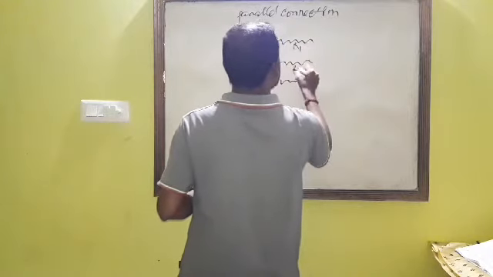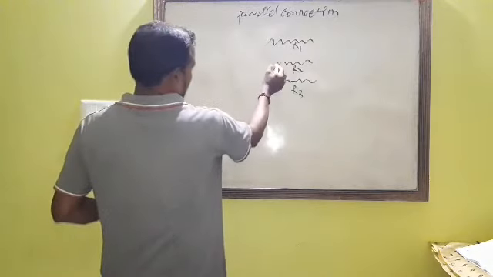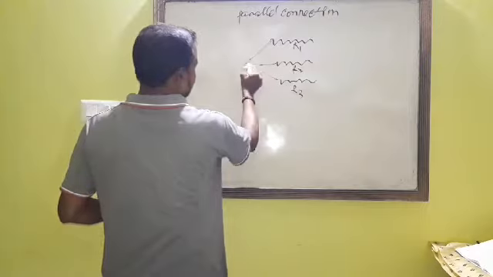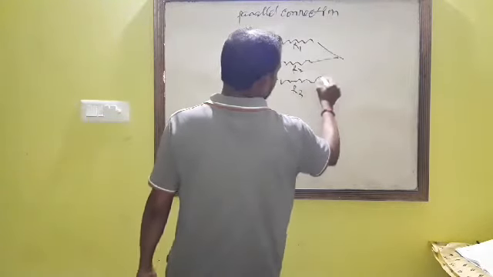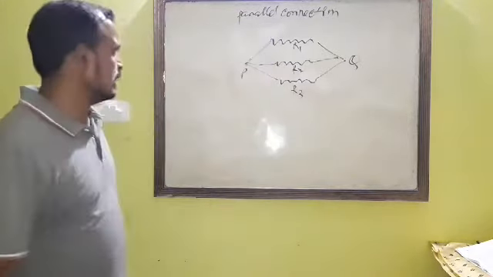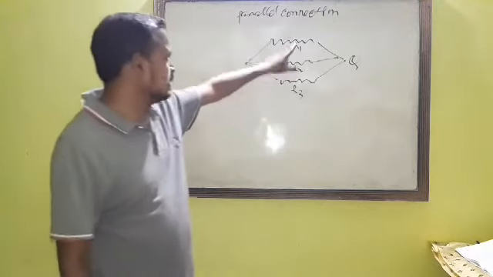The left ends of the resistors are connected to a common point, P, and the right ends are connected to a common point, Q. So in parallel connection, the same potential difference is applied across the resistors.